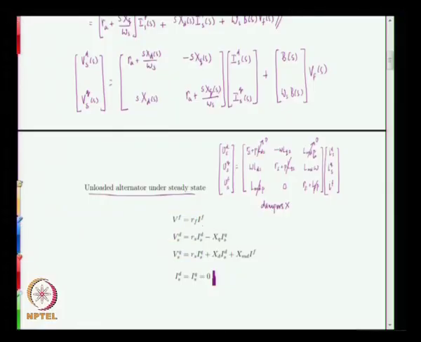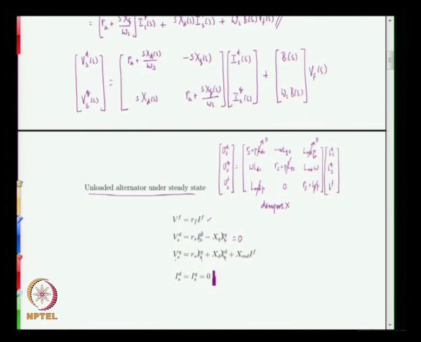There is some field current flowing, and therefore Vf is Rf into If, so this is fine. As far as Vds is concerned, Id is 0, Iq is also 0, and therefore Vds now becomes 0. In the expression for Vqs, Iqs is 0, Ids is 0, If alone is there.